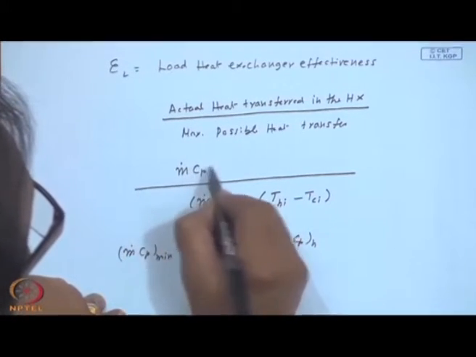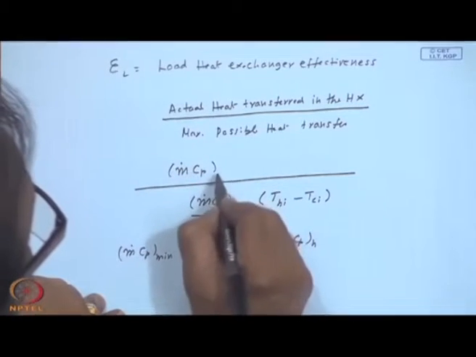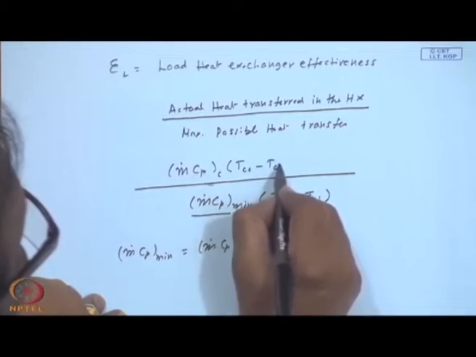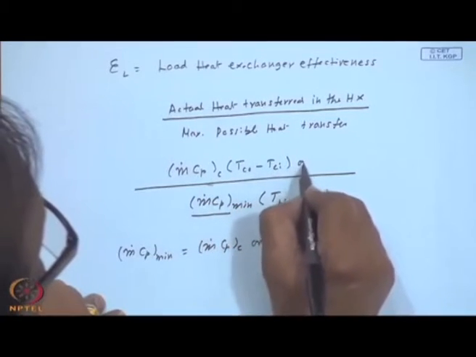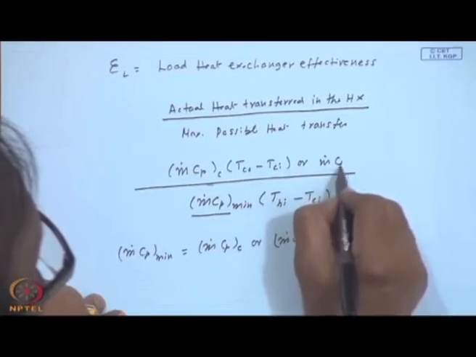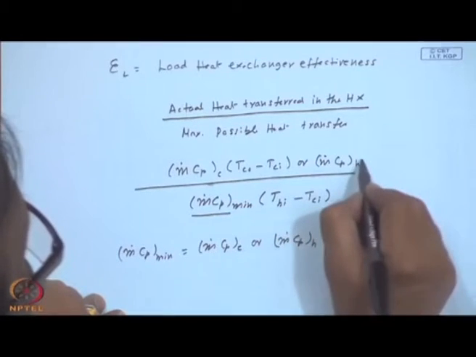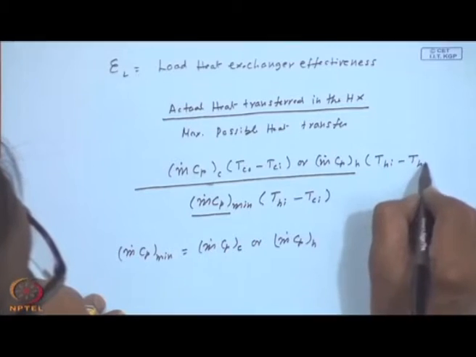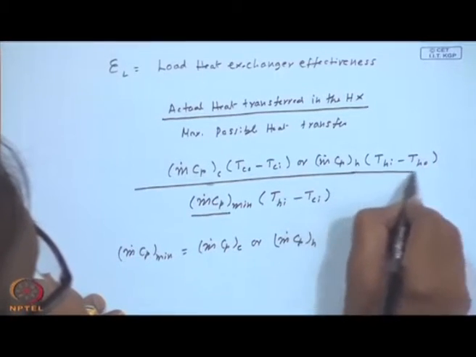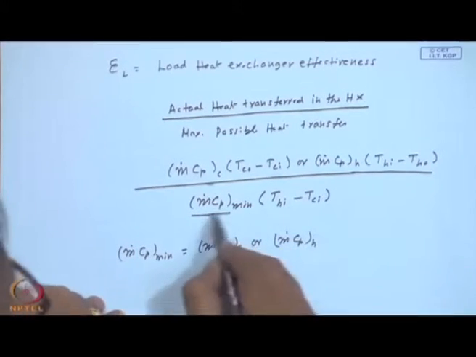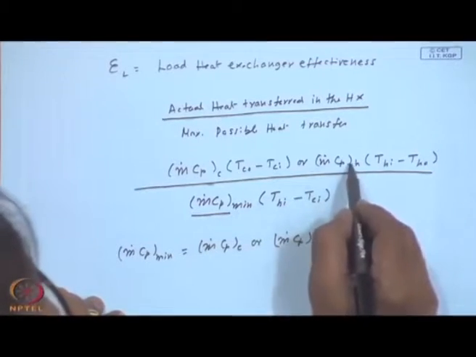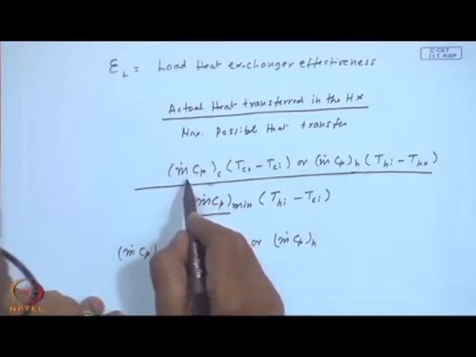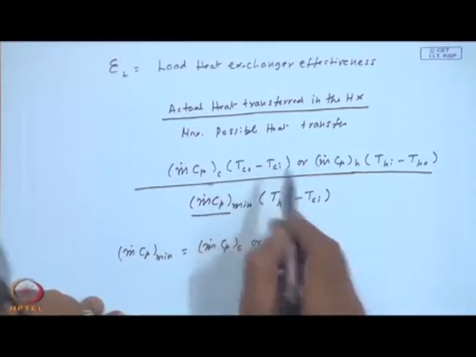So, in the numerator I can write actual heat gained as m dot C_p cold into T_co minus T_ci, or m dot C_p hot into T_hi minus T_ho. If m dot C_p minimum is m dot C_p hot, you can cancel that and use this, or if the cold one is the minimum, you again cancel that and use this.